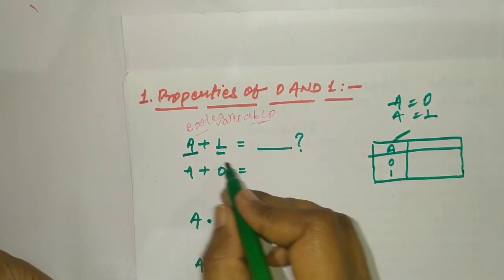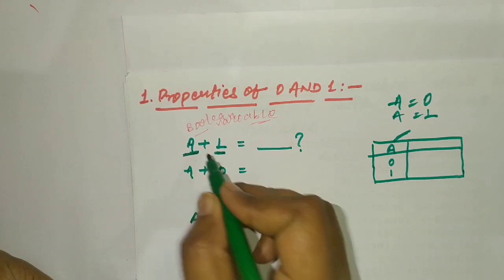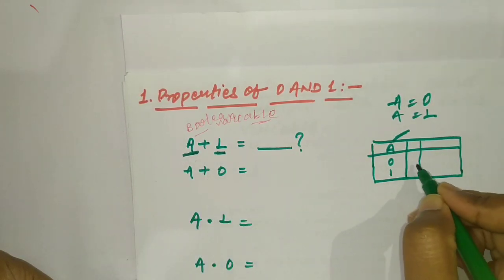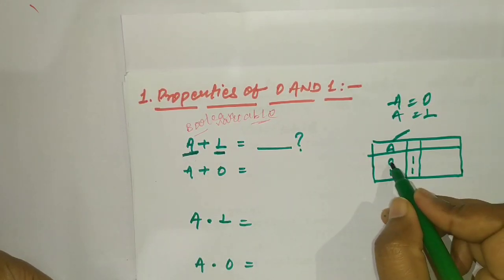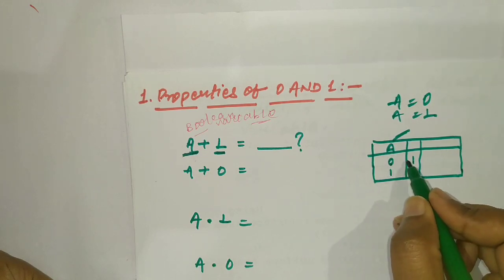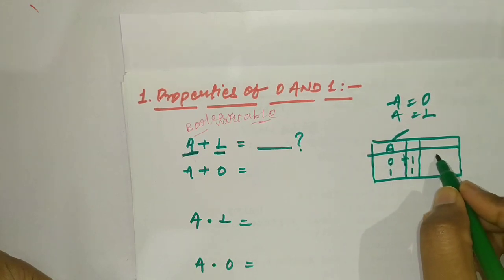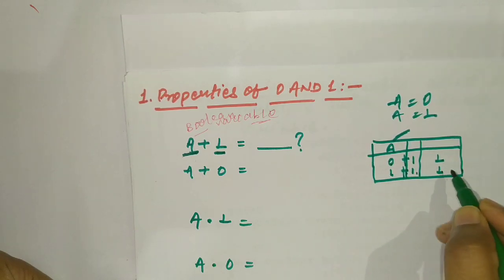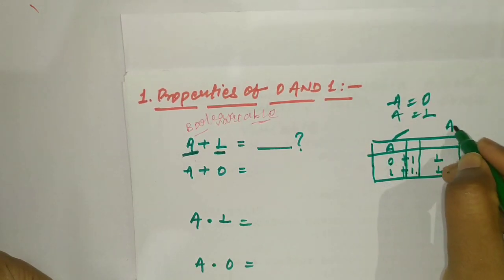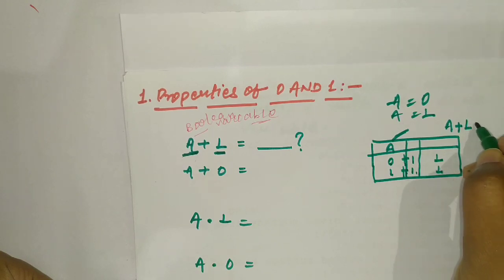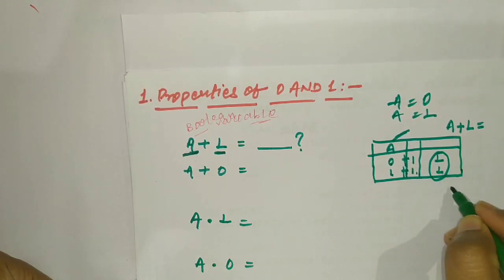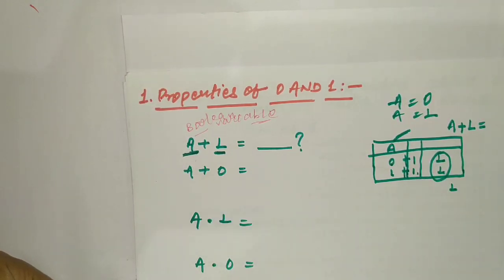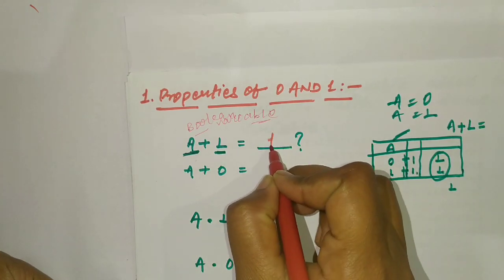Let's add 1 to this variable. 0 plus 1, the answer is 1. 0 plus 1, the answer is 1. So if we add 1 to any variable, the output is 1. The answer of this law is 1.